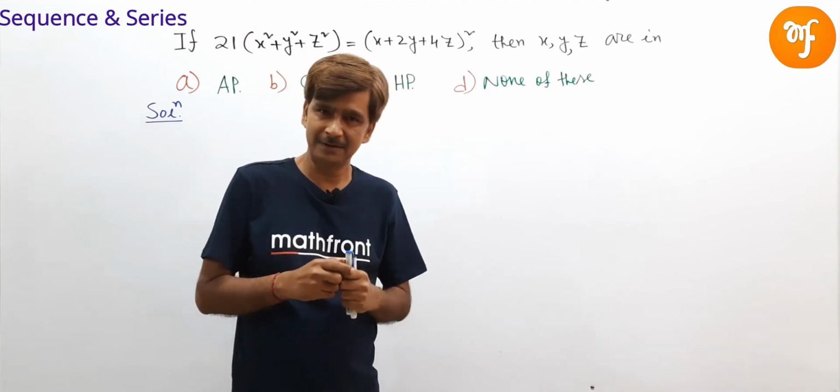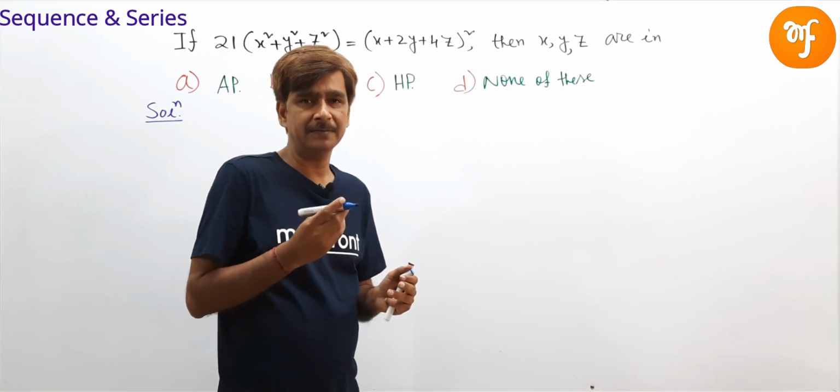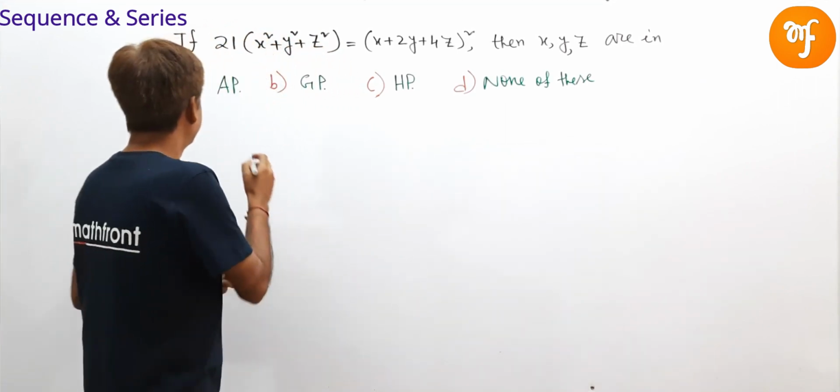and this trick is known as Lagrange identity. So, for your better understanding, I am writing the trick here. Look at the trick.